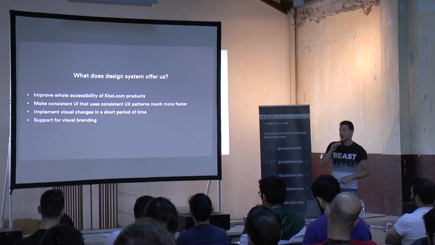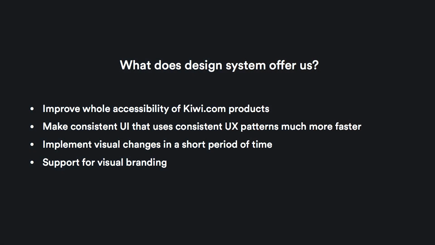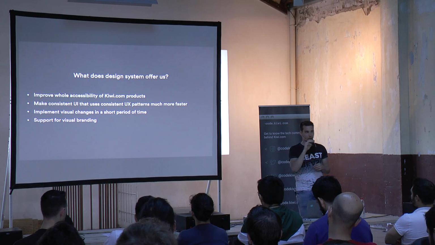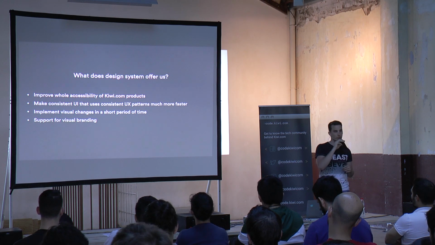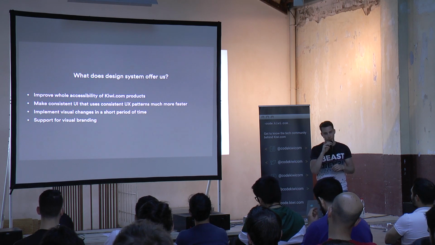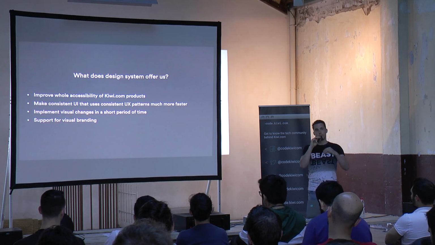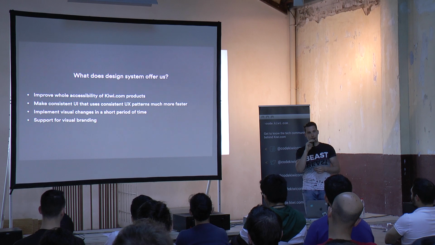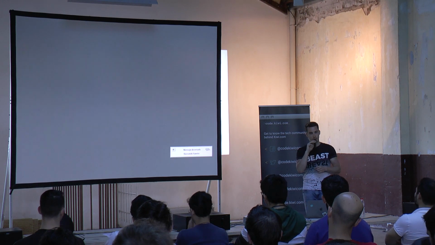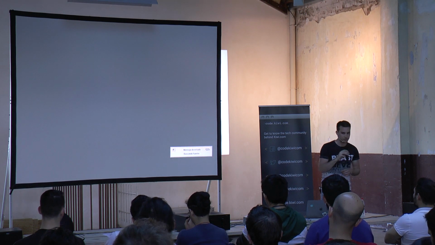Heading to the end, what do design system components offer us? Well, the accessibility of some kiwi.com products is pretty bad, and we are aiming to improve it because we provide developers some API for components and also some guidelines on how to do it.